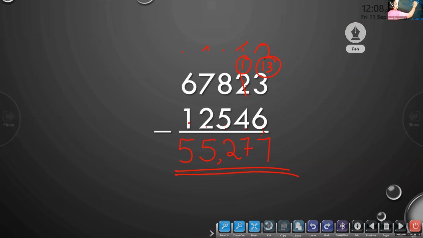Now 13 minus 6 is 7. Here 1, can you take 4 from 1? That is small, so we cannot take. So we'll go to next place value. So borrow 1 from 8 and here it becomes 11. 11 minus 4 is 7. 7 minus 5 is 2. 7 minus 2 is 5. 6 minus 1 is 5. So the answer is 55,277.